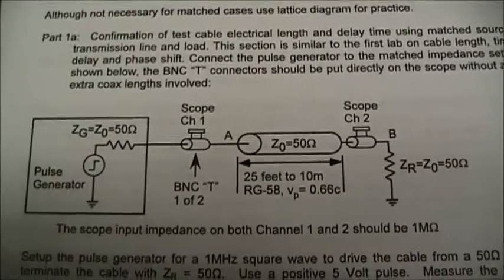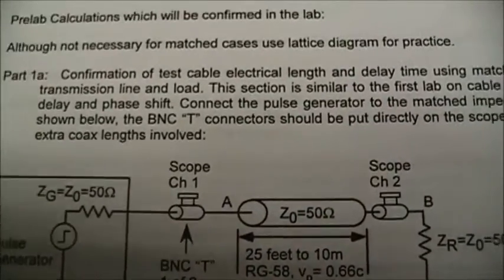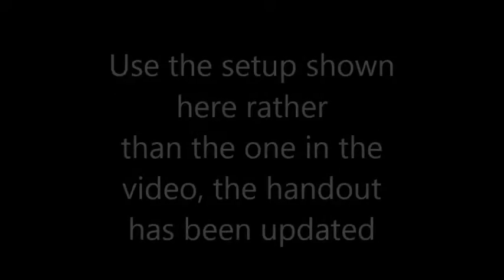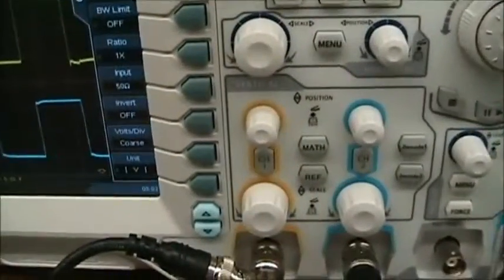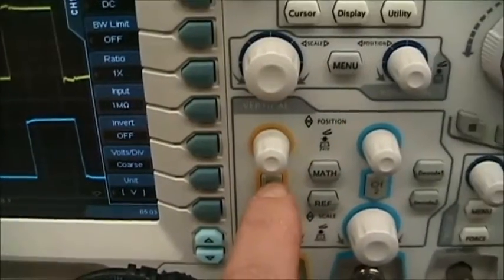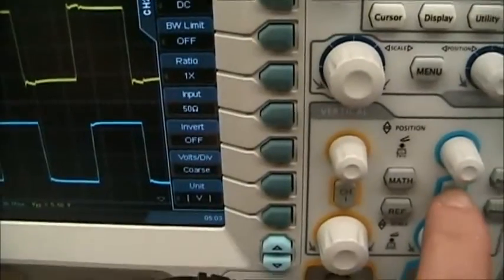Now we are going to initially set channel 1 scope input to 1 megohm and channel 2 to be 50 ohms, by using the connections on the scope. So channel 1 is set at 1 megohm and channel 2 is set at 50 ohms.